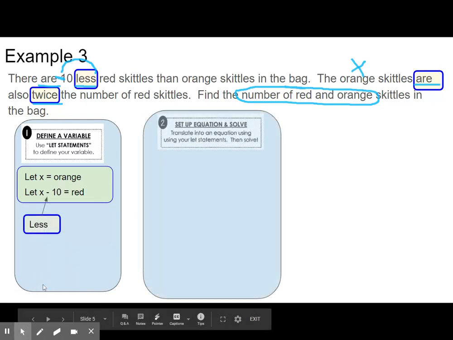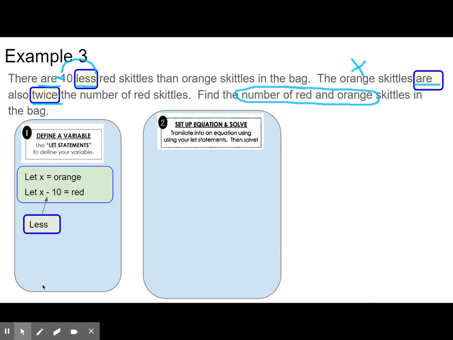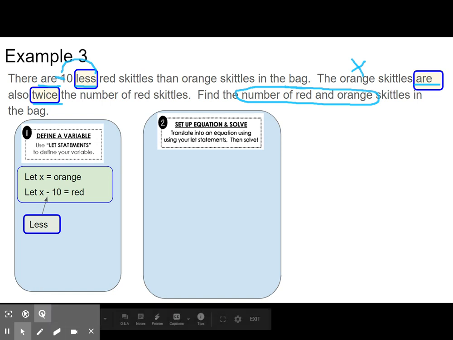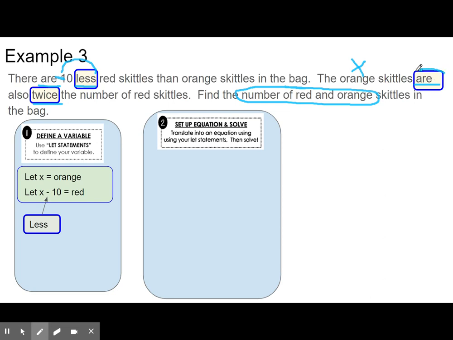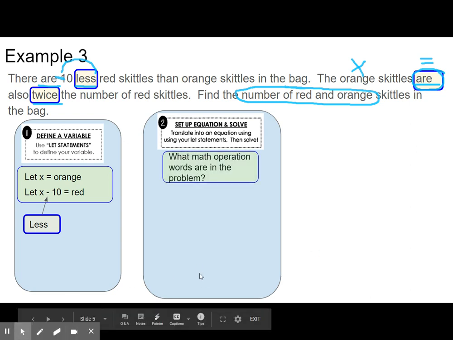All right. Now let's translate into equation using our let statements. So now this one is not a sum. I did not see the word sum. The orange Skittles are. R means equals, just like is means equals. The orange Skittles are also twice the number of red Skittles. What is that going to look like? And twice.